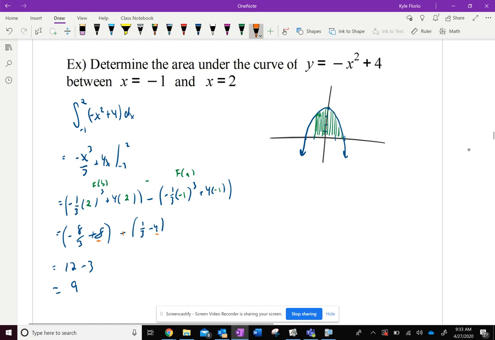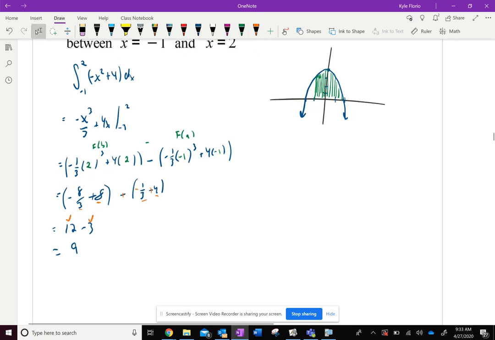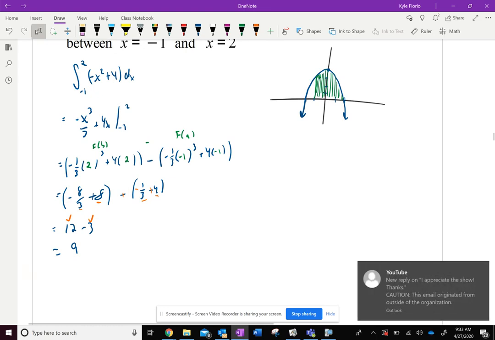That's going to be 8 plus, that negative is going to make that a positive if we distribute the negative. 8 plus 4 is 12. And then negative 8 minus 1/3 is negative 9/3. And negative 9/3, 9 divided by 3 is 3, so we get negative 3. All right, so that was kind of how I did it in my head, by just combining the fractions and combining the whole numbers, and that worked out kind of nicely.